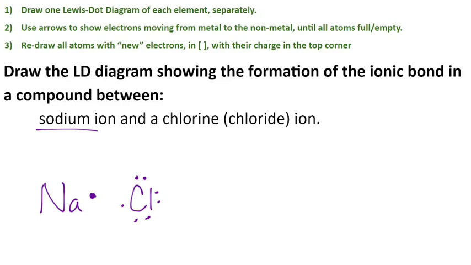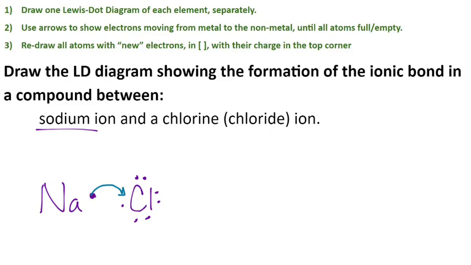Now we're going to use arrows to show the electrons moving from the metal to the nonmetal until all atoms are full or empty. So we are going to take it from our sodium, our metal, and give that electron to our non-metal chlorine. But this is also just the easiest way to get our atoms full and empty.